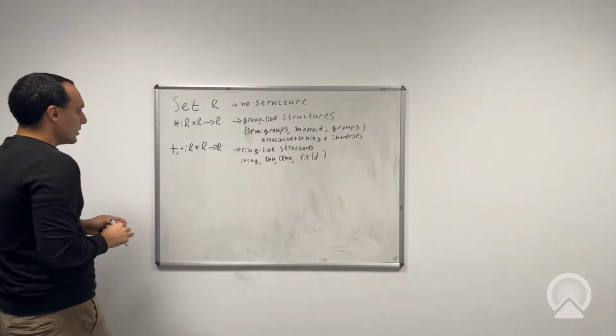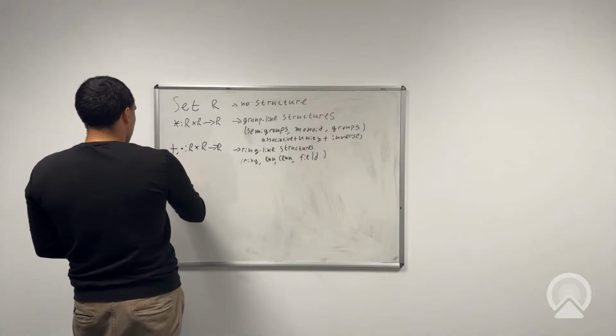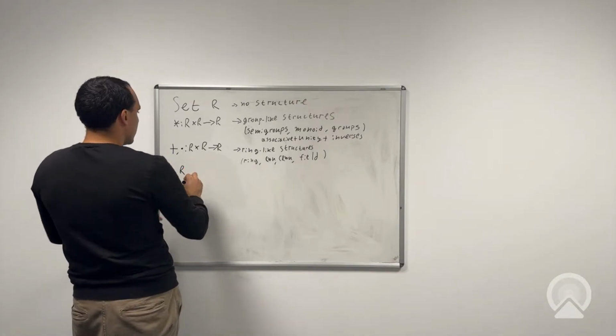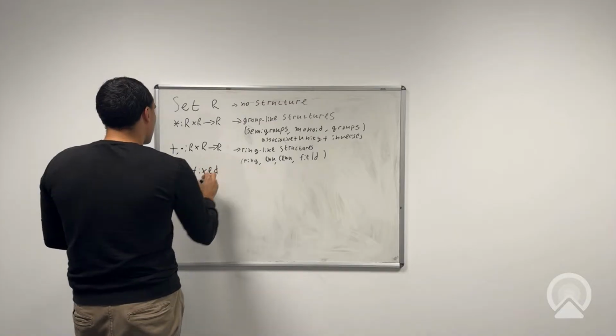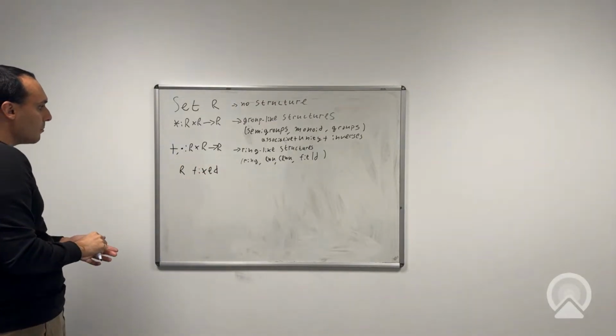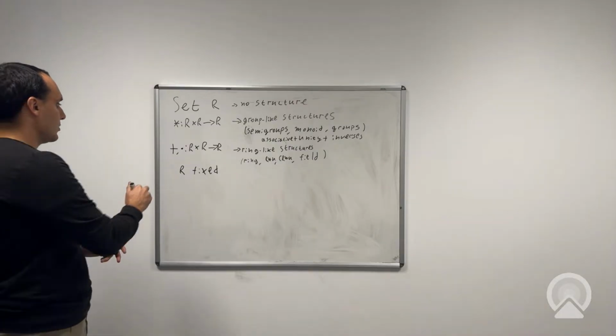Then we said, okay, let's fix some R. So R is fixed. Now we talk about structure built upon other structure. So we have an R-module.